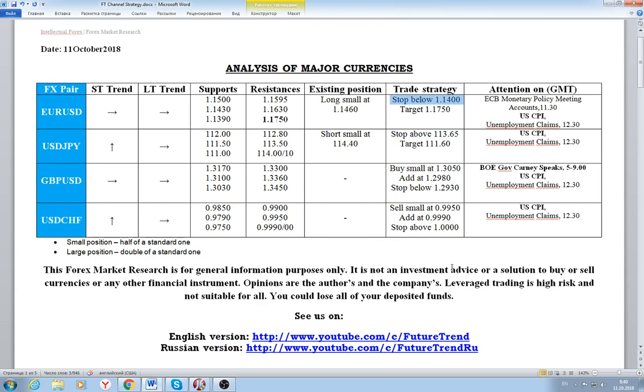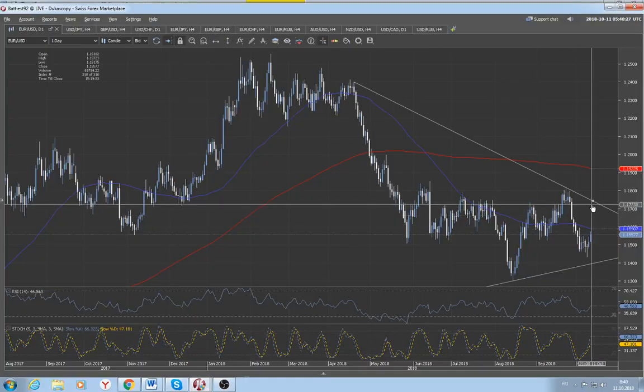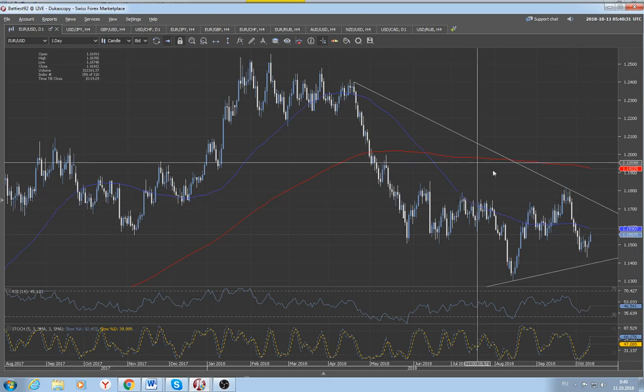As you know, we accumulated a small long position in this pair yesterday at 114.60. Now we prefer to put a stop below the aforementioned uptrend line, and the target level is the price of 117.50, where lies the downtrend line of 2018.